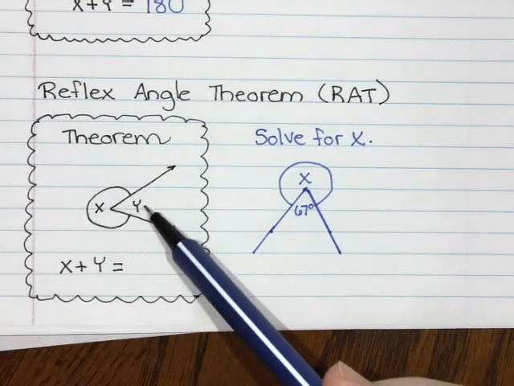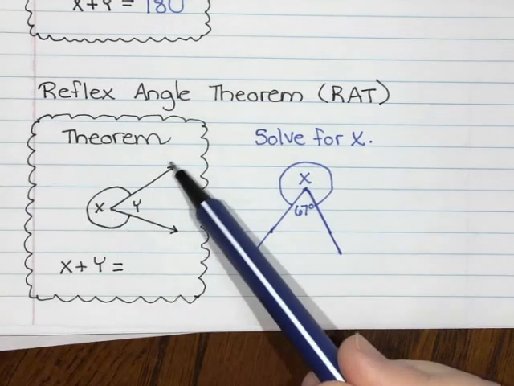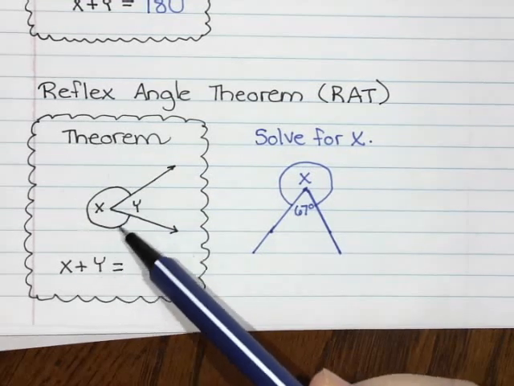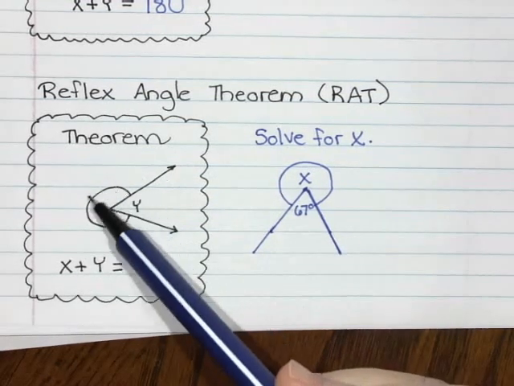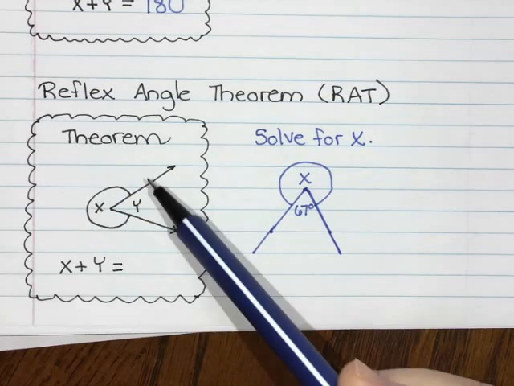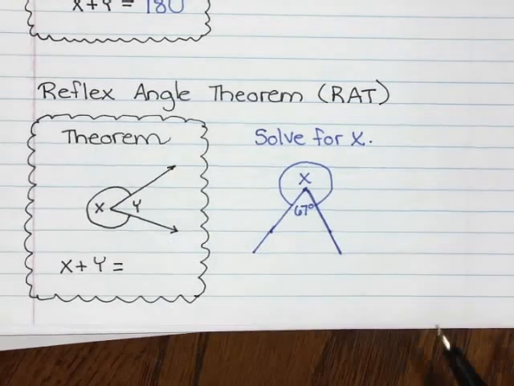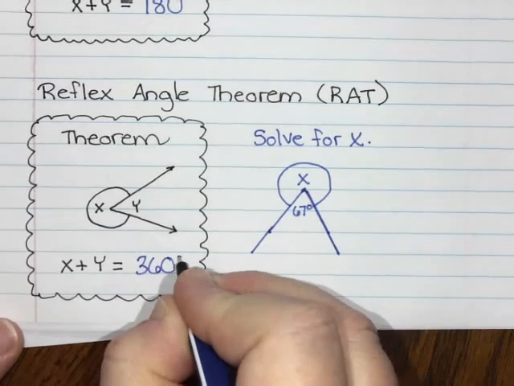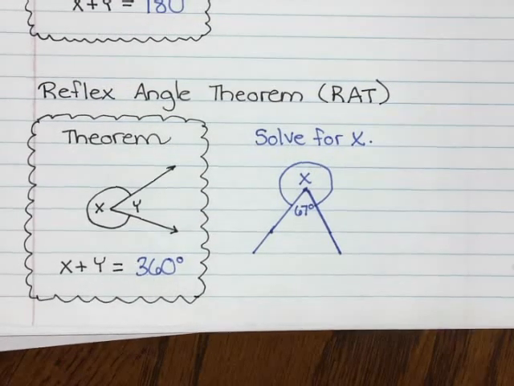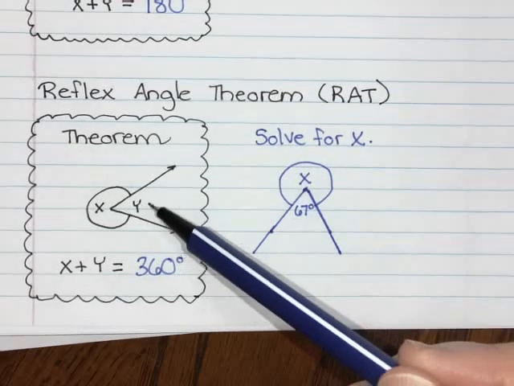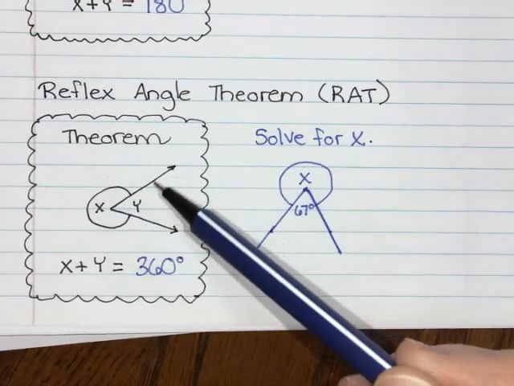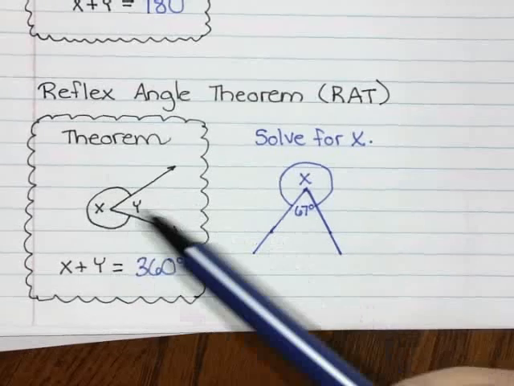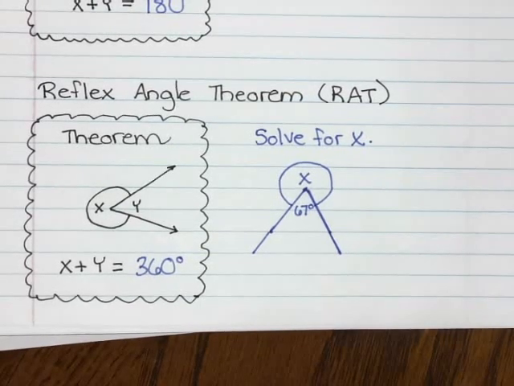So those 2 angles, the small angle on the one side and the big angle going around on the outside, together make a full circle. And a full circle, if you remember, adds to 360 degrees. So the reflex angle theorem says that if you take an angle and its reflex, the one going around the back, together they make a full circle, which is 360 degrees.